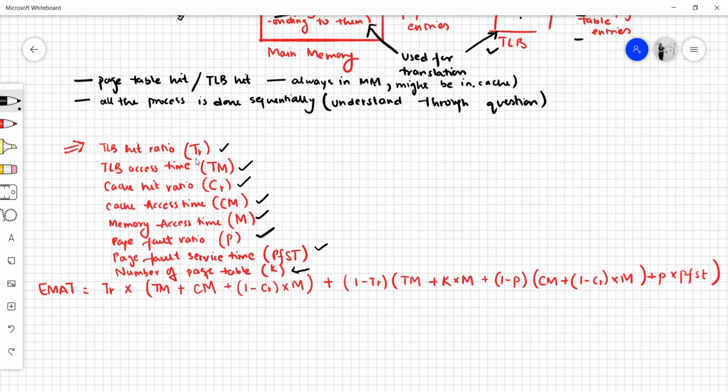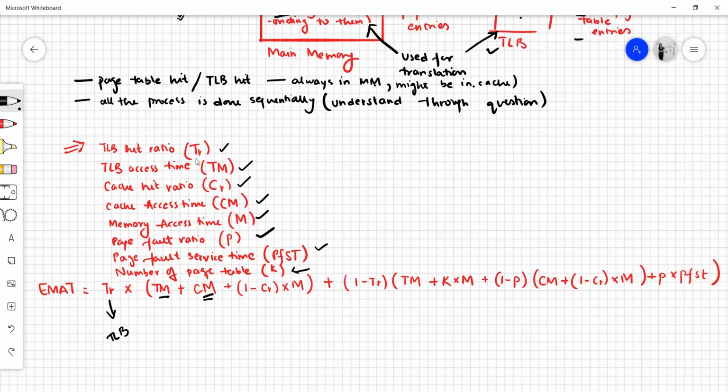In such a case, just try to understand this formula. This is the case where we have a TLB hit. That is, while translating, we get the translation from the TLB itself. So we have the TLB access time, the TM. Then once we have the translation, we go to cache first.